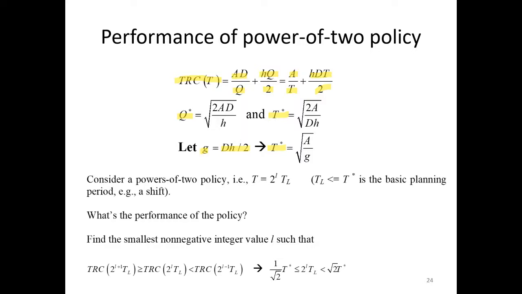Now, T star again is the optimal ordering cycle of an item. When we apply the power of 2 policy, we will have some deviation from that optimal value.